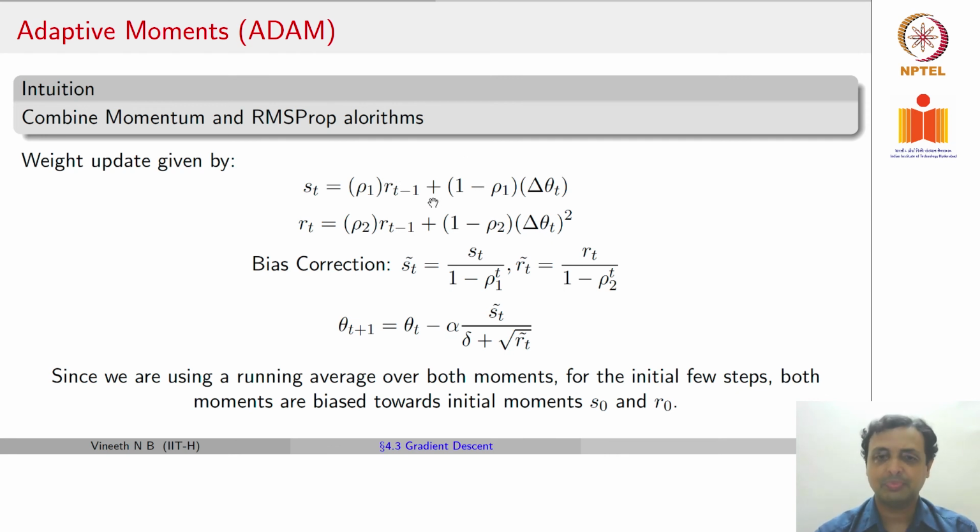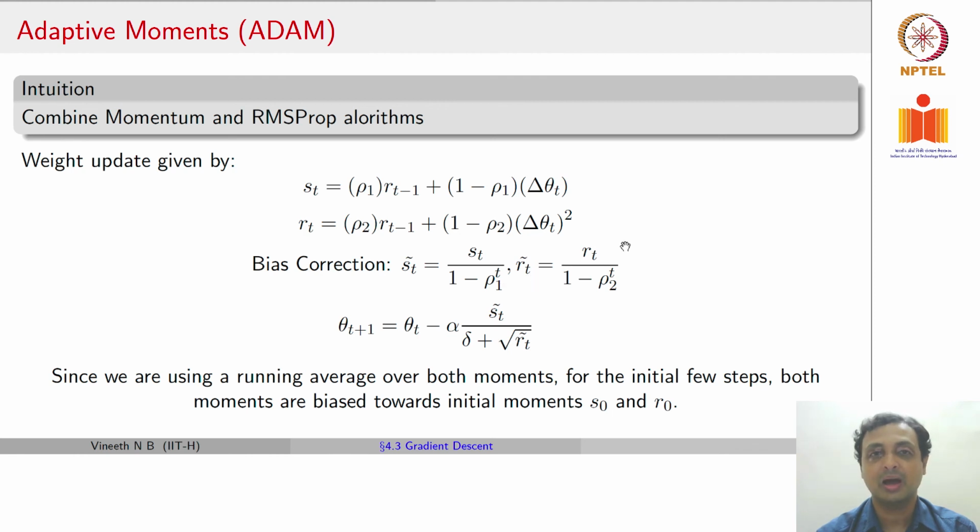In your initial step, ST minus 1 would be initialized to 0. That's where it would start. 1 minus rho 1 will make it a very small value because rho 1 is close to 1. So which means the gradients will not have any impact on ST in the initial iterations until they add up. So there may not be much training that happens in the initial iterations. So what do we do for that? We say let ST tilde be ST by 1 minus rho 1 power t.